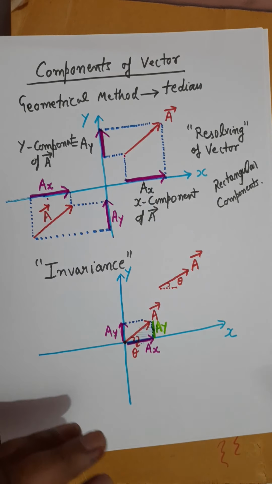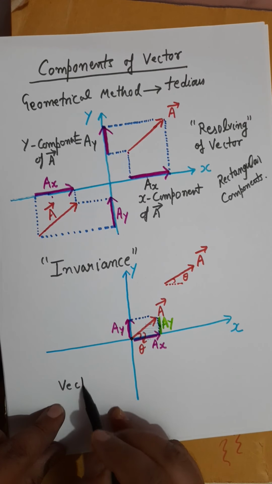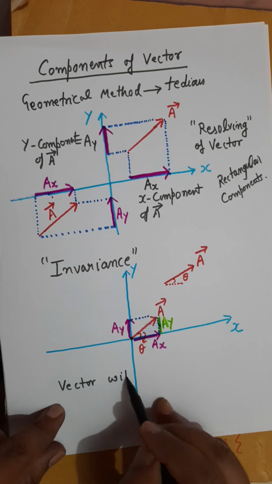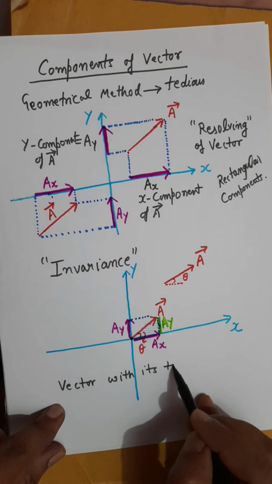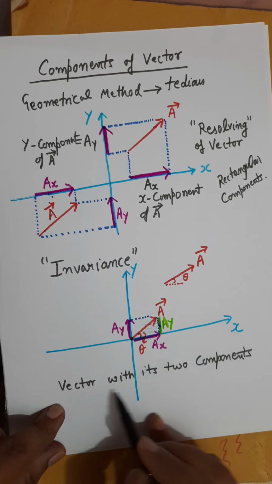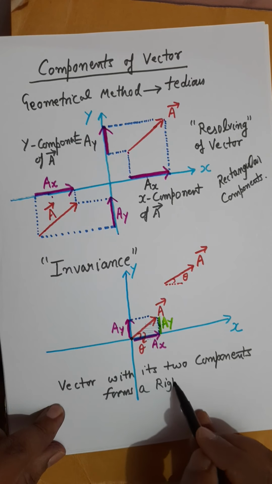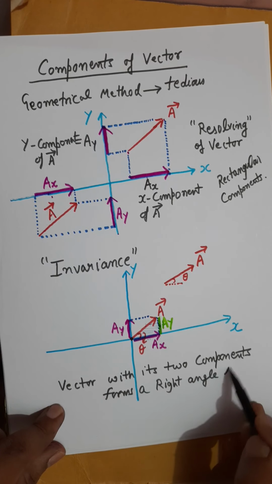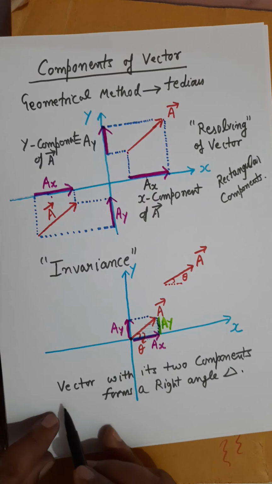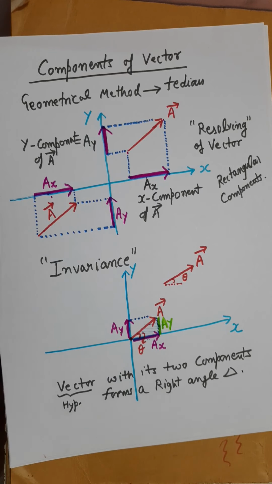So remember this statement that a vector with its two components x and y forms a right angle triangle, where the vector itself will always be on the hypotenuse side, and the other two sides are called the x component and y component.